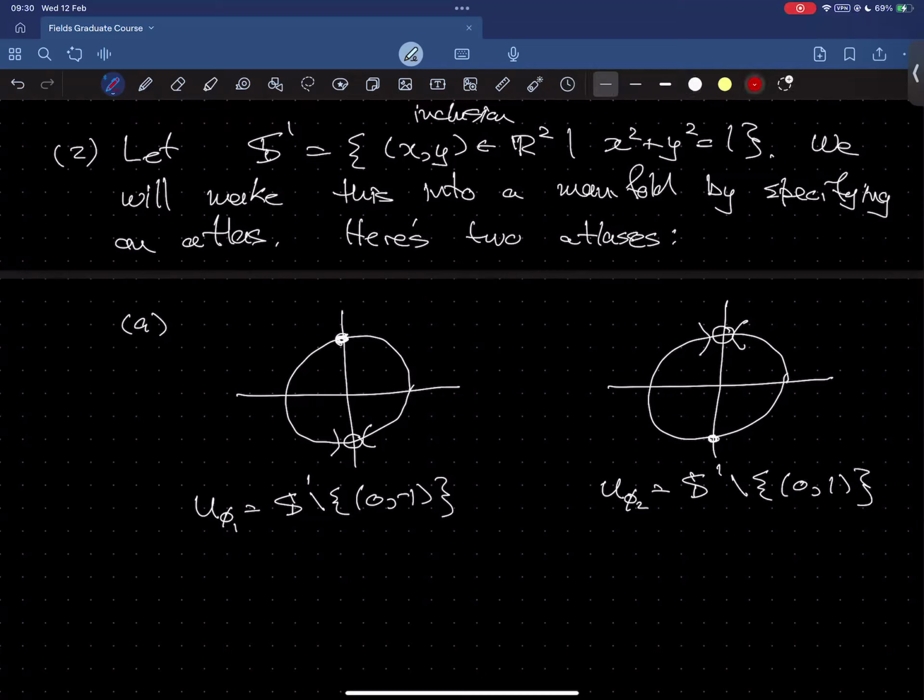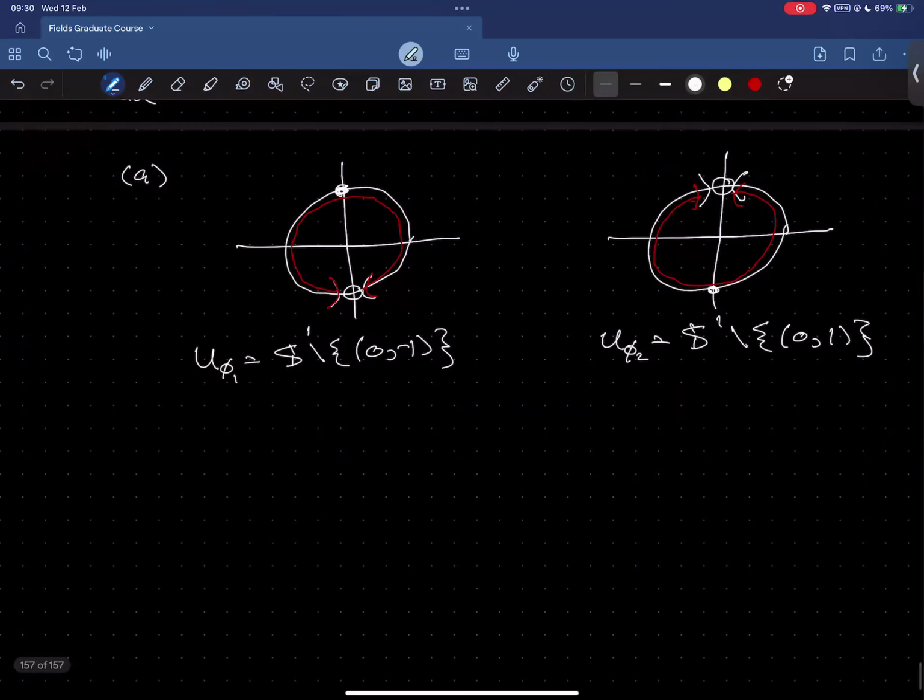Okay, so the chart domain here is this red thing like so, omitting that point. And here it's omitting again the point at the top. Okay, so those are my two chart domains.